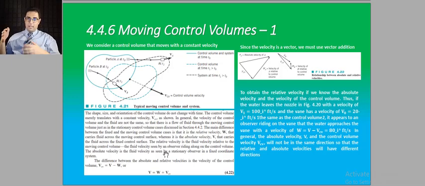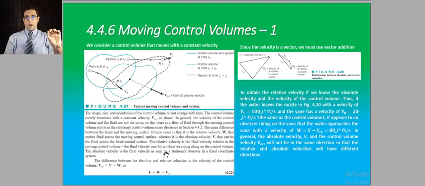Take the passenger in the airplane as an example. Once he's looking at the engine of that airplane, he's sensing relative velocity. When the airplane is passing by in the sky from an identified origin, it's having the control volume velocity.